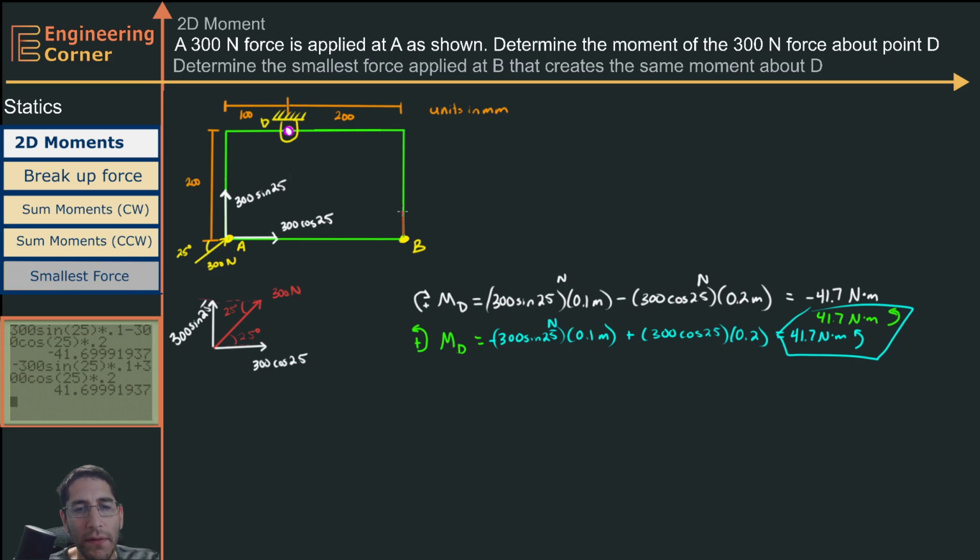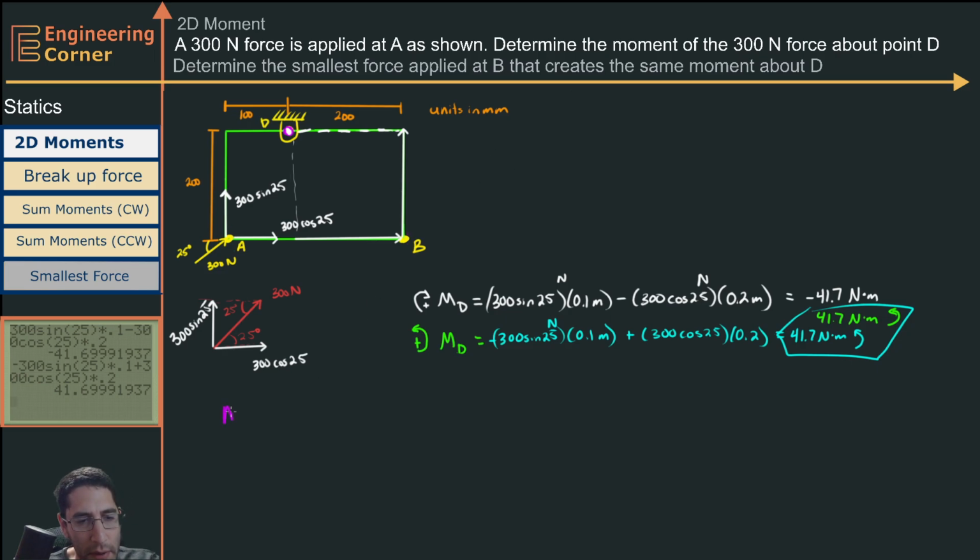If I applied a completely vertical force, the perpendicular distance between this force and point D is going to be this distance of 200 millimeters. Similarly, if I applied a horizontal force at point B, this perpendicular distance is going to be, again, 200 millimeters.